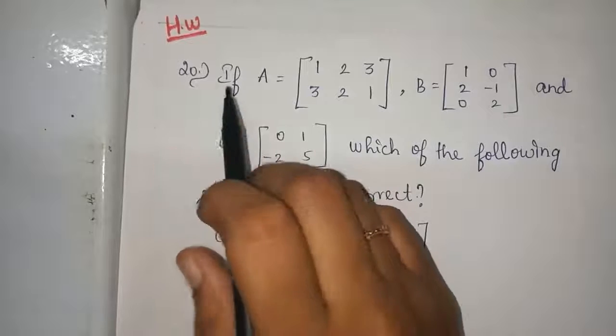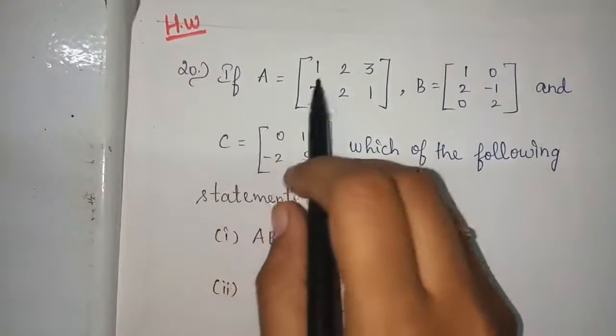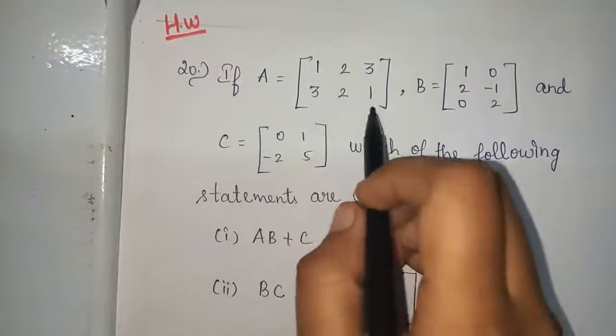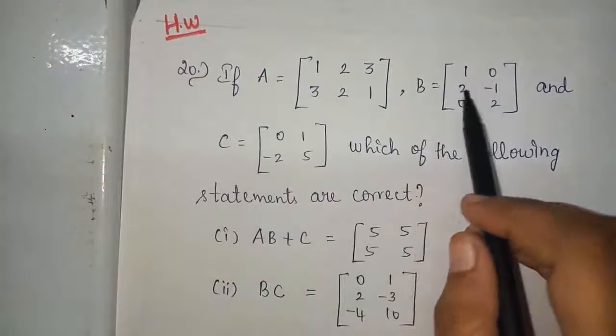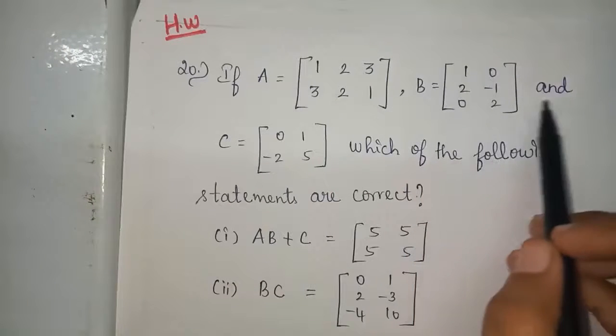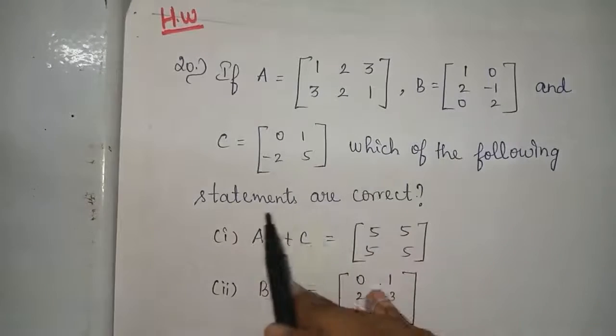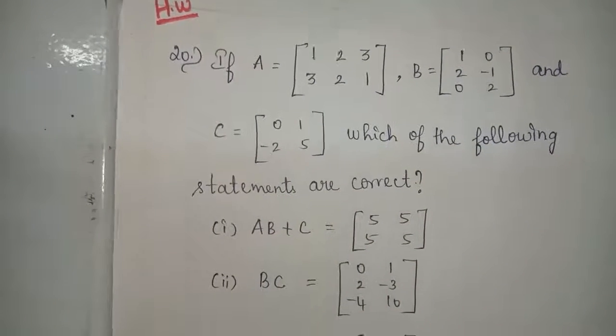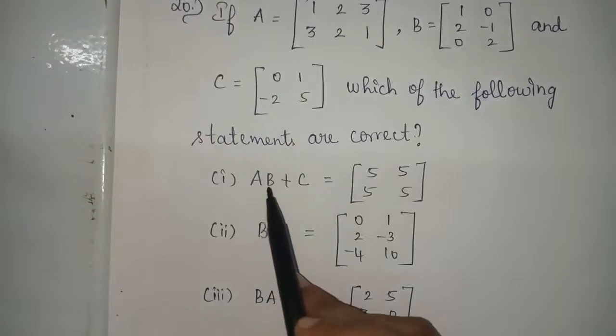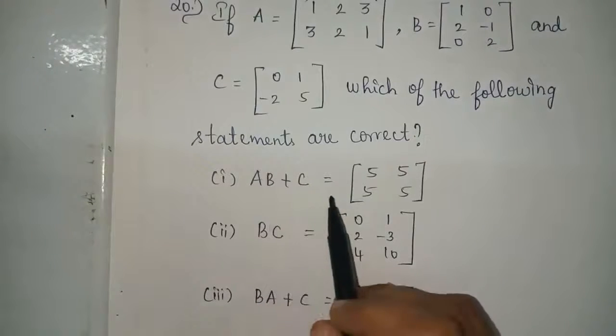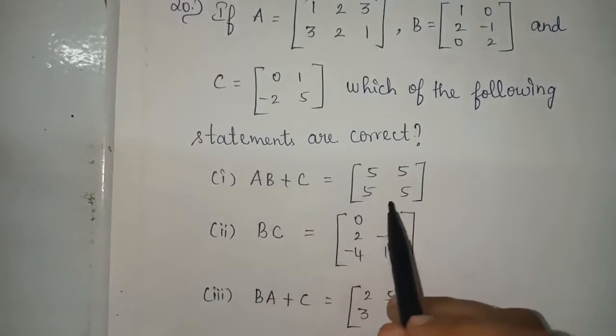Question number 20. This is also a homework problem. If A is equal to 1, 2, 3, 3, 2, 1, comma B is equal to 1, 0, 2, minus 1, 0, 2, and C is equal to 0, 1, minus 2, 5. Which of the following statements are correct? First subdivision, AB plus C is equal to 5, 5, 5, 5.